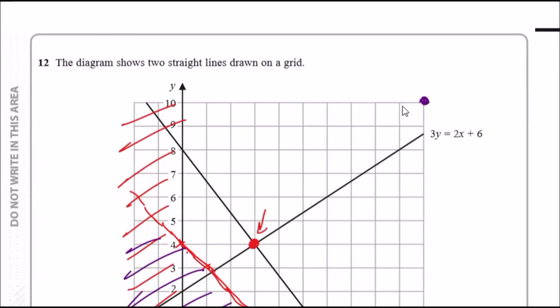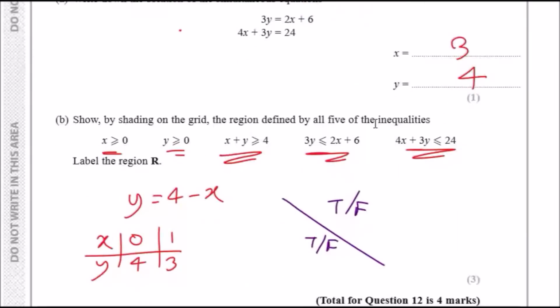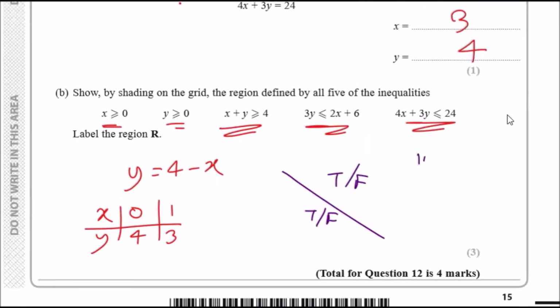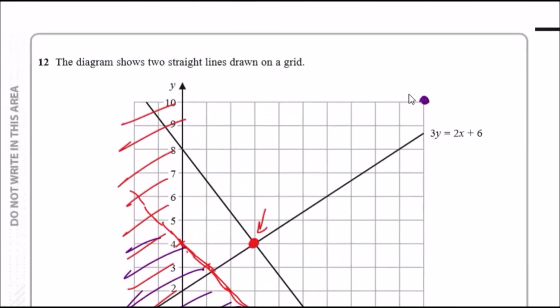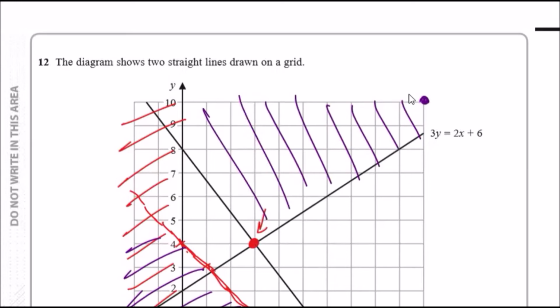We're going to see if 3y is less than or equal to 2x plus 6. When y is 10, you have 30. Is it less than or equal to 2 times 10, which is 20, plus 6, so 26? This is clearly false. So this side was false, and we cross out the side on the other side of the line.